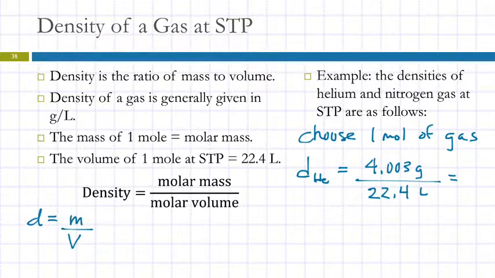So I've got 4.003 divided by 22.4. Density is equal to, this should have 3 sig figs, 0.1787, so 0.179 grams per liter.